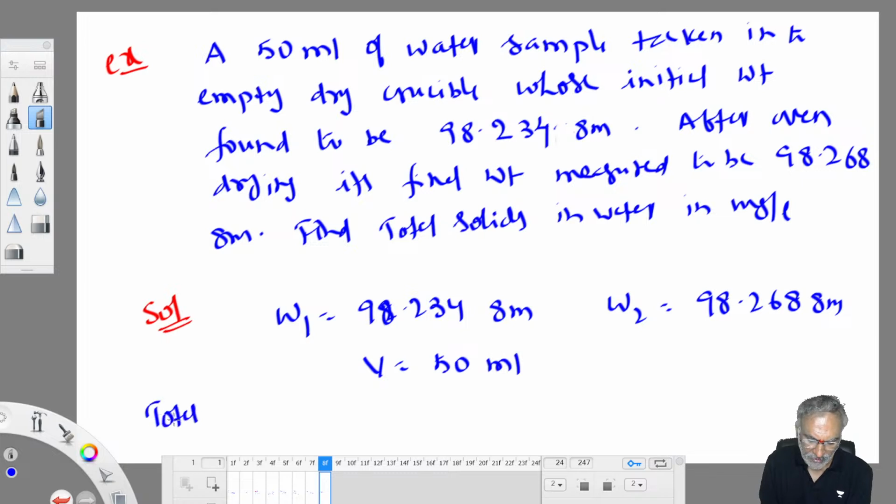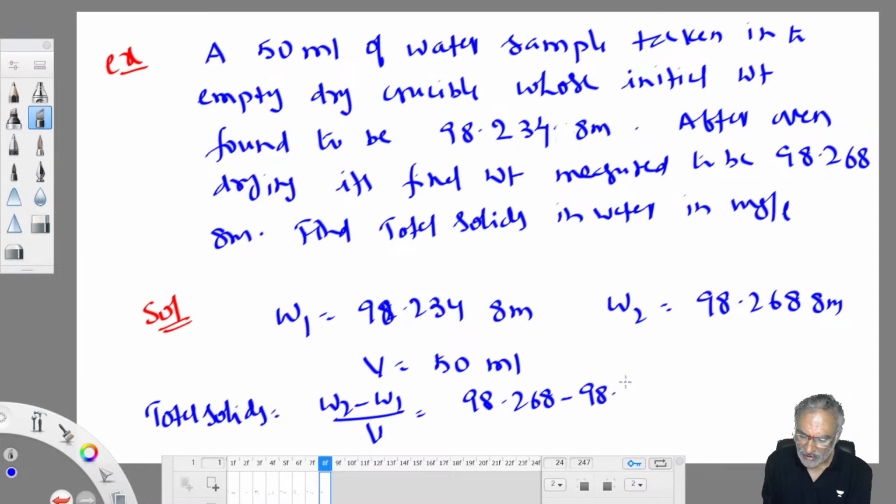Therefore, total solids is equal to W2 minus W1 by V. Even if you forget, remember that the highest value is taken as W2 and the lowest value is W1, because the empty dry crucible has the lesser weight. Common sense you have to use.